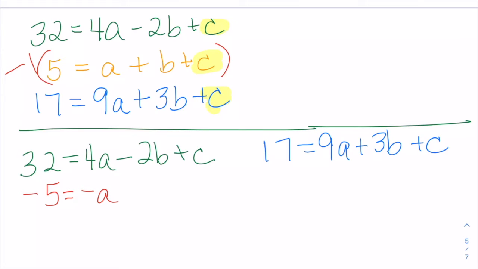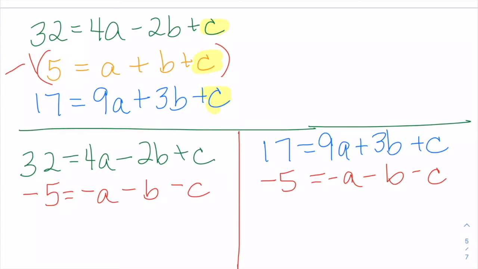So negative 5 equals negative a minus b minus c. And I'm going to do that to the other equation as well. And let me just make a line here, we're going to subtract these and get new equations.